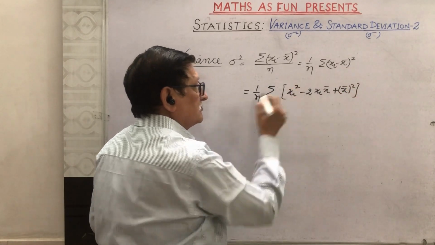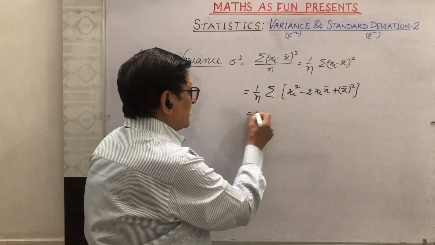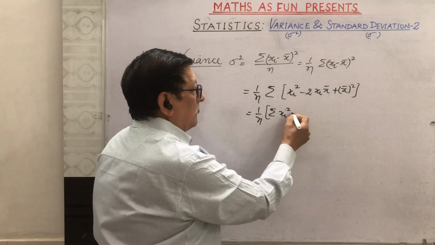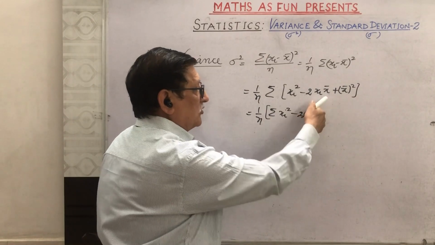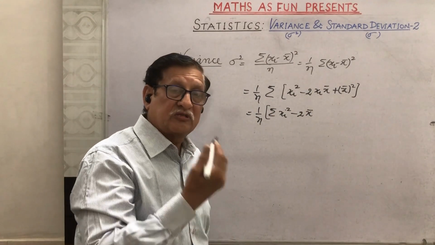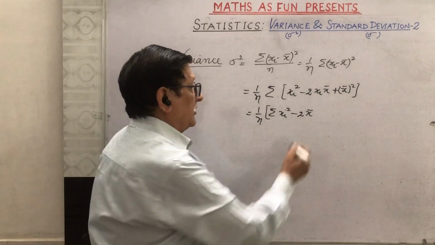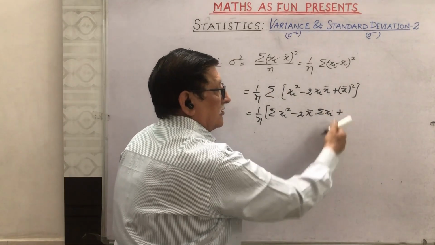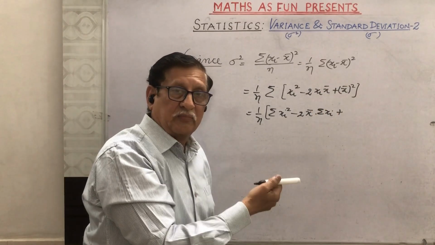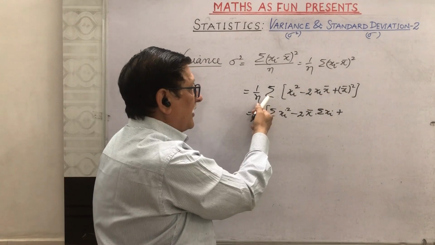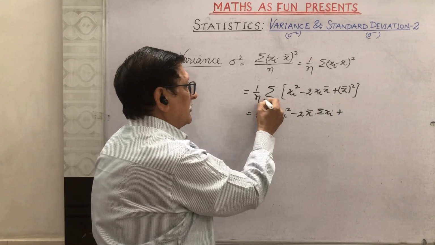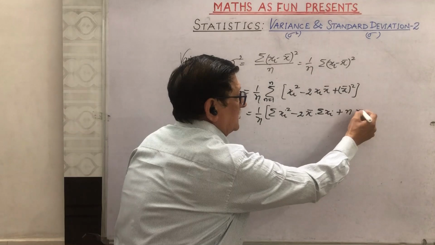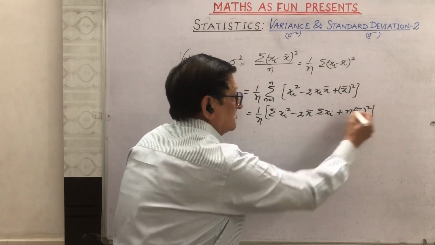Is it or not? Can we write this as 1 upon n sigma xi square minus 2 into x bar, because x bar is a numerical value, it's a number, into sigma xi plus x bar is a number, square of x bar if we are adding n times, because here n is from 1 to n. Then it becomes n into x bar square or not.